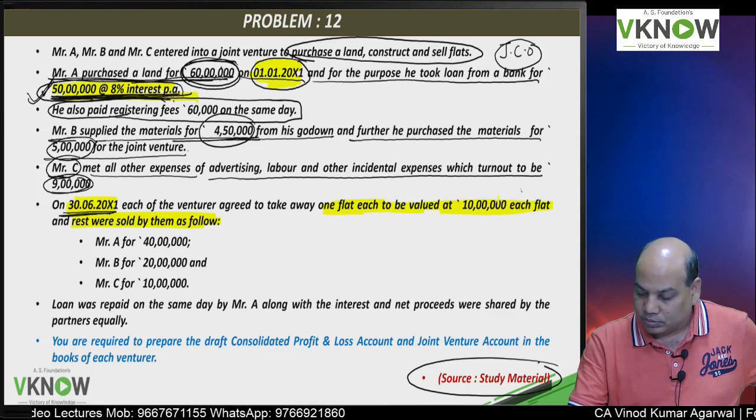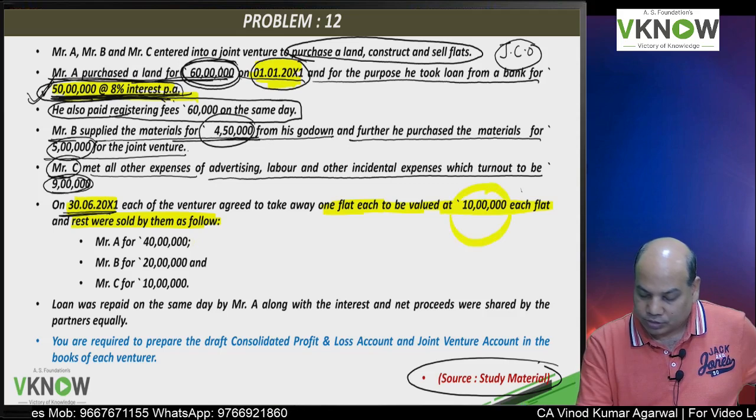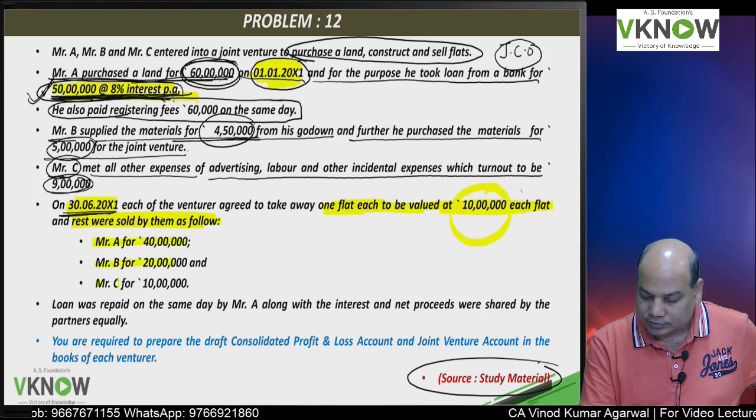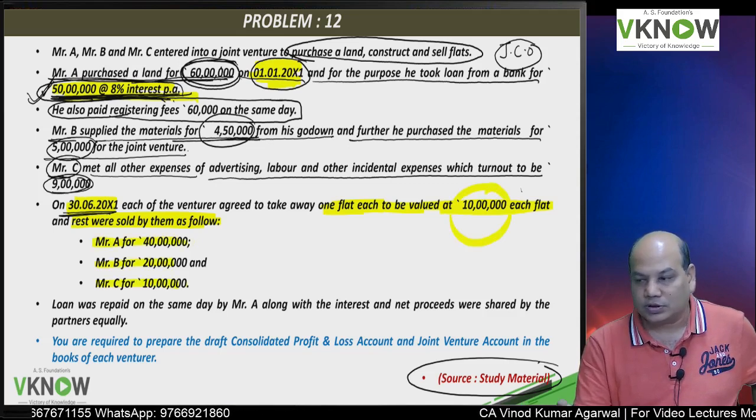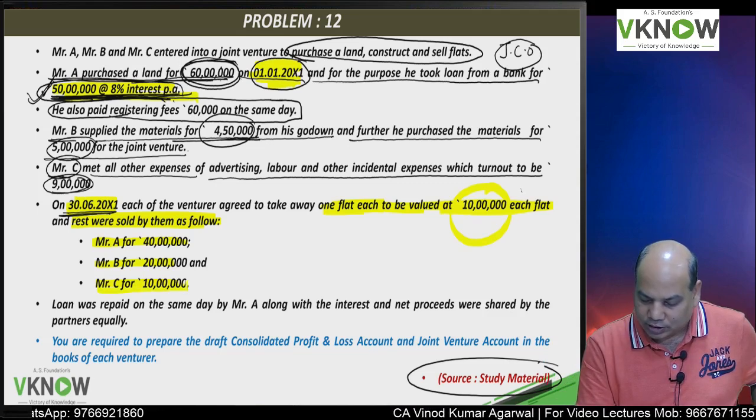A sold some flats for 40 lakh, B sold a few flats for 20 lakh and C sold for 10 lakh.